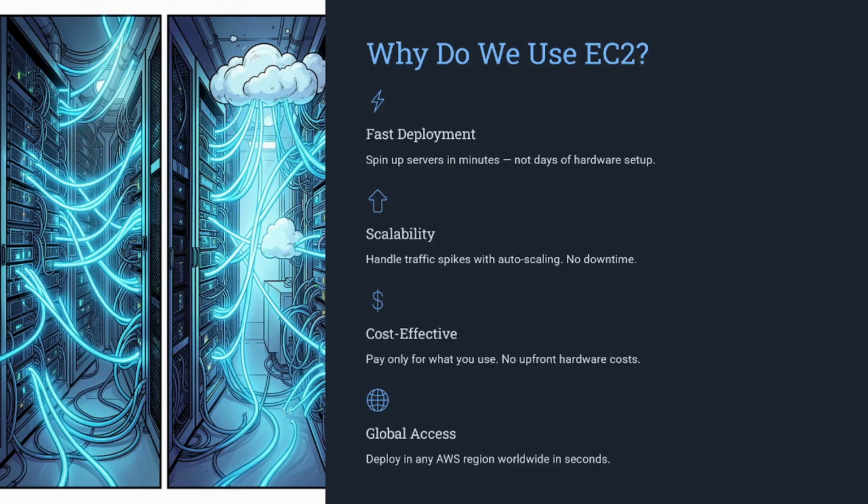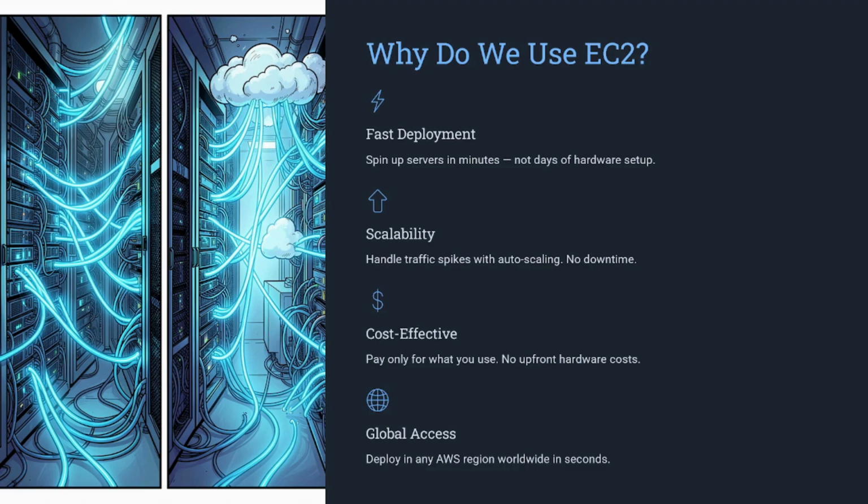Why do companies use EC2? Now you might be wondering, why do companies even use EC2 instead of normal computers? Because EC2 solves some major real-world problems. First is speed. Companies can deploy servers within a minute instead of waiting days for hardware setup. Second, scalability.